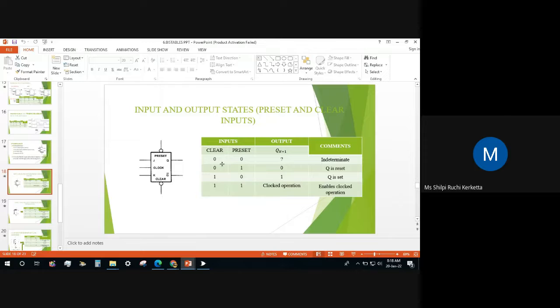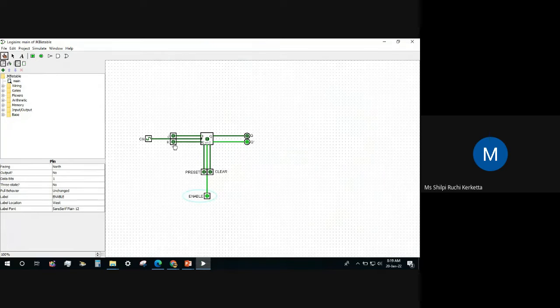It will work similarly to our SR NOR gate. For 0 0, it is a memory, so we are not using this. For 0 1, we will get a 0 output.